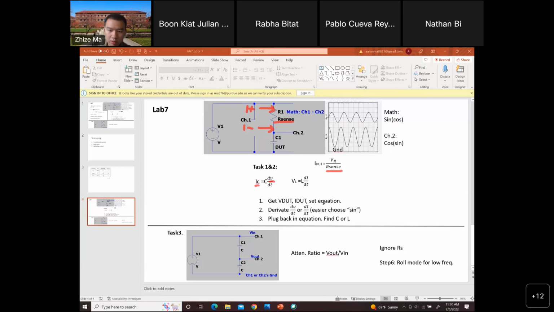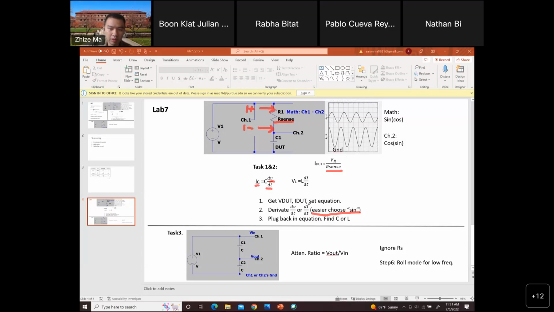The easier way here is to choose whichever one you take the derivative of as a sine wave, and the other one will be a cosine wave, because if you make everything correctly, you should see the two signals have a 90-degree phase shift. So if you make one of them a sine wave, the other will be a cosine wave.